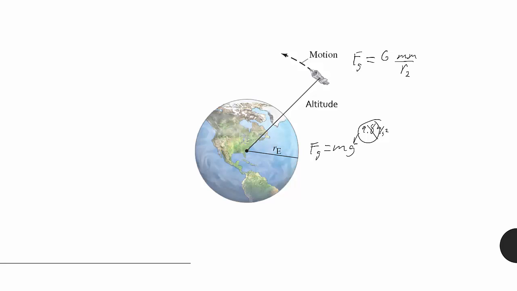you'd plug in the mass of Earth for one of these masses, the mass of the satellite for the other mass, you'd plug in the gravitational constant, and then you need to know the distance between the satellite and the center of the Earth. This distance here is between the centers of mass of the two objects.